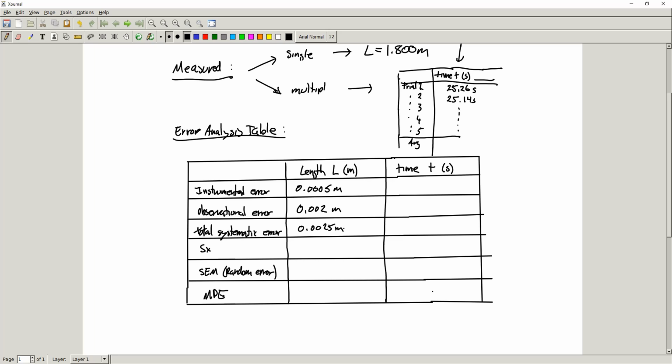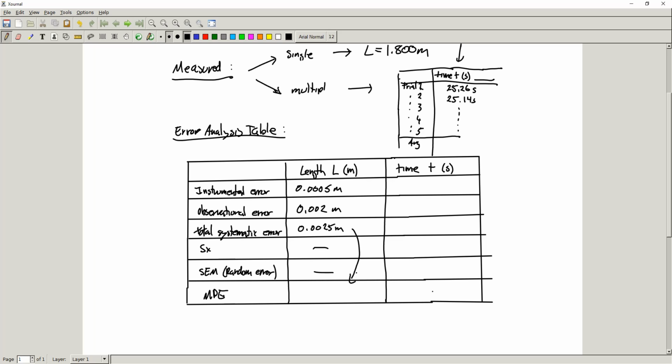And since we did a single measurement, only one measurement, we don't have access to statistical methods to examine this error any further. There is no standard deviation. You can either do NA here, you can just cross it out, whatever you want to do with it. But there is no standard deviation. There is no random error. Okay, so we don't have access to statistical methods because we really only made one measurement, and so the only MPE we could use is our total systematic error.